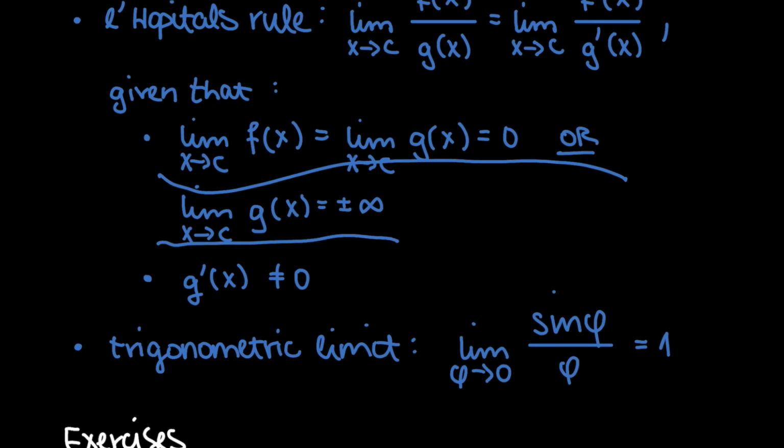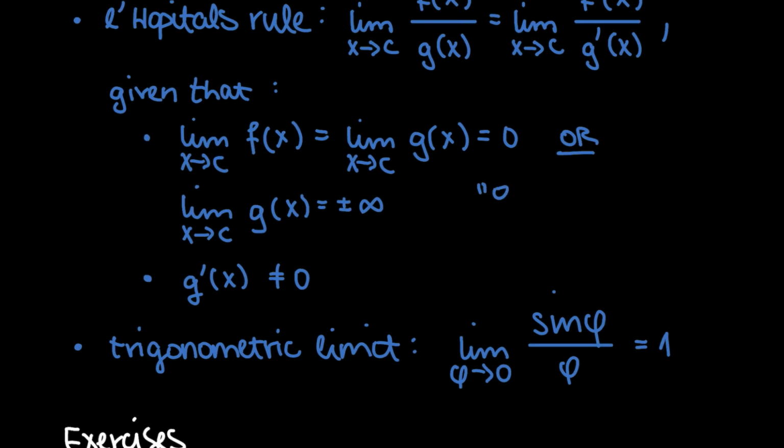They don't both have to be true, we just need at least one of them to be true, okay? So the first option would be that both f of x and g of x tend to 0 as x tends to c. So that would give you, in quotation marks, the form 0 over 0.